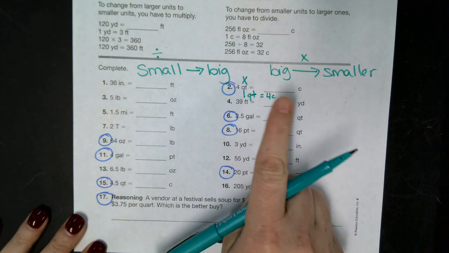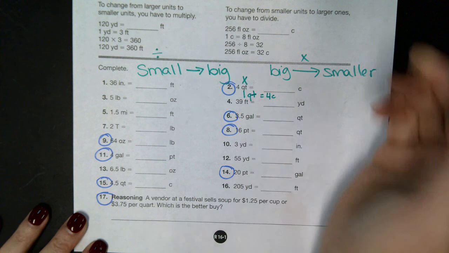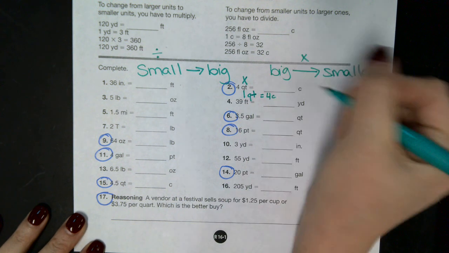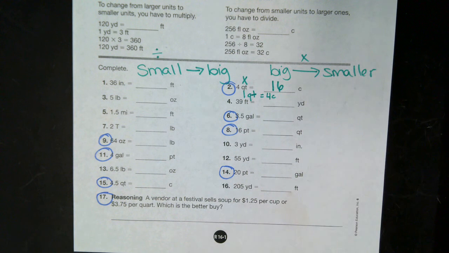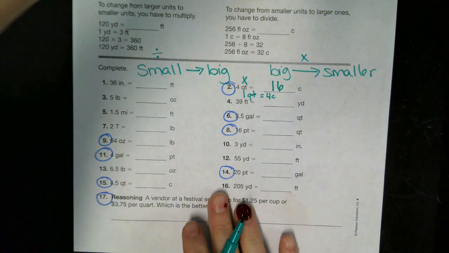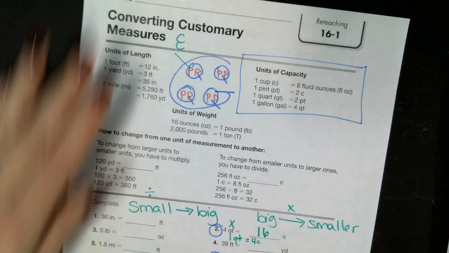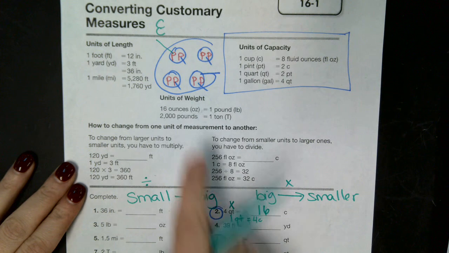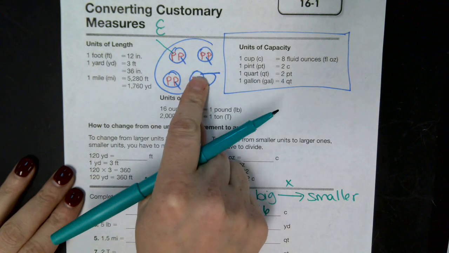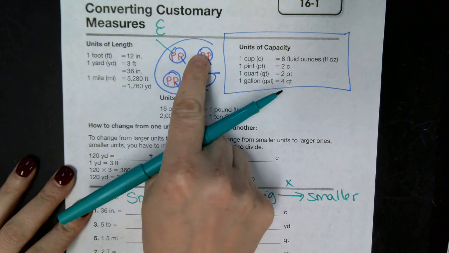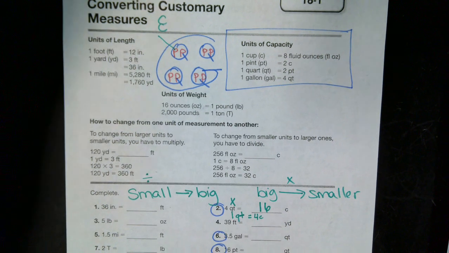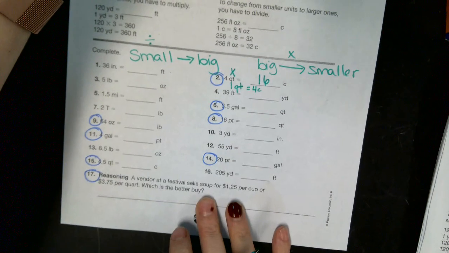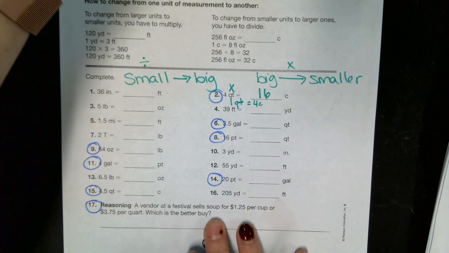There are 4 cups in a quart. So 4 times 4 is what, guys? 16. So if I go over to my gallon and I have 4 quarts, there's 1, 2, 3, 4, and I count my cups: 2, 4, 6, 8, 10, 12, 14, 16. So I confirmed it. There are 16 cups in 4 quarts.